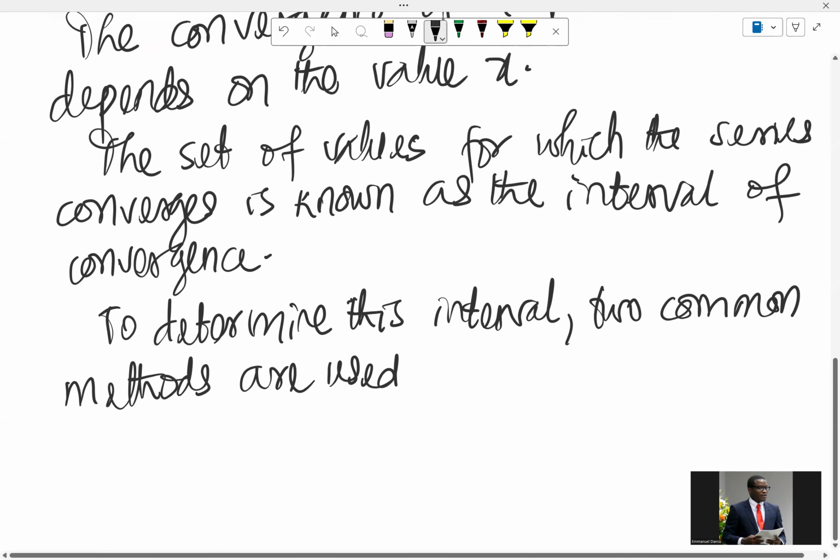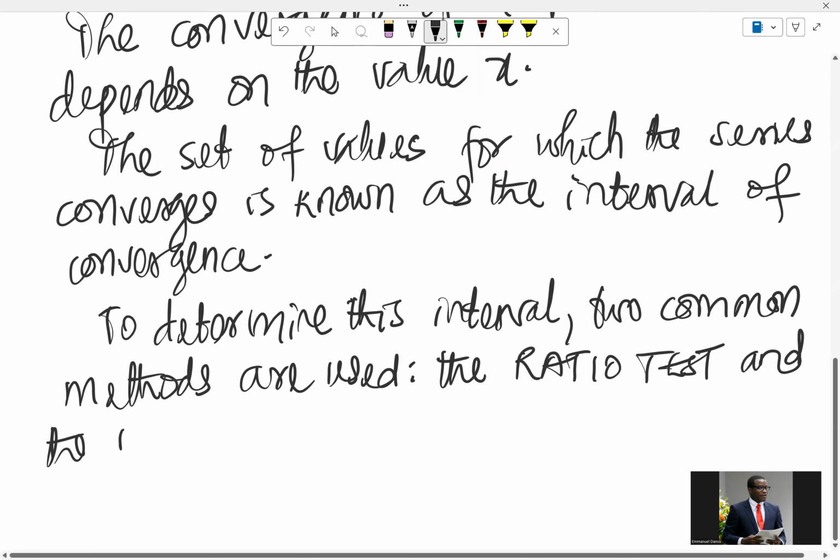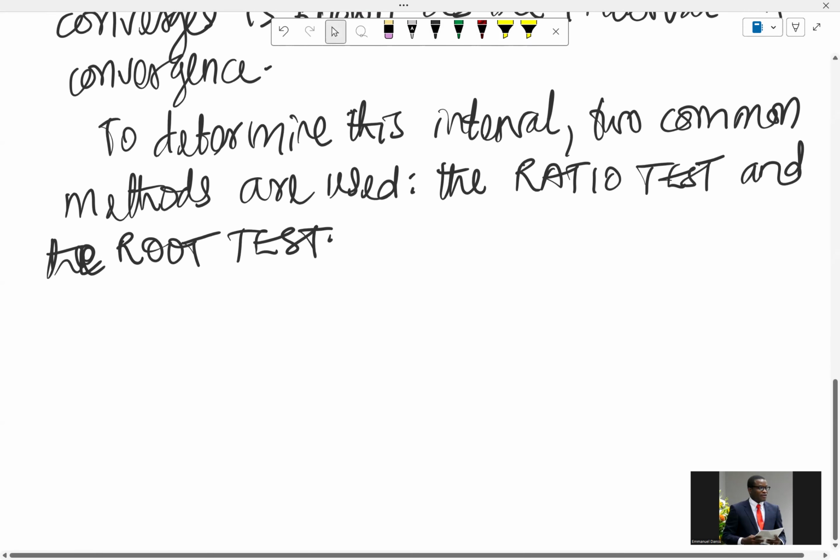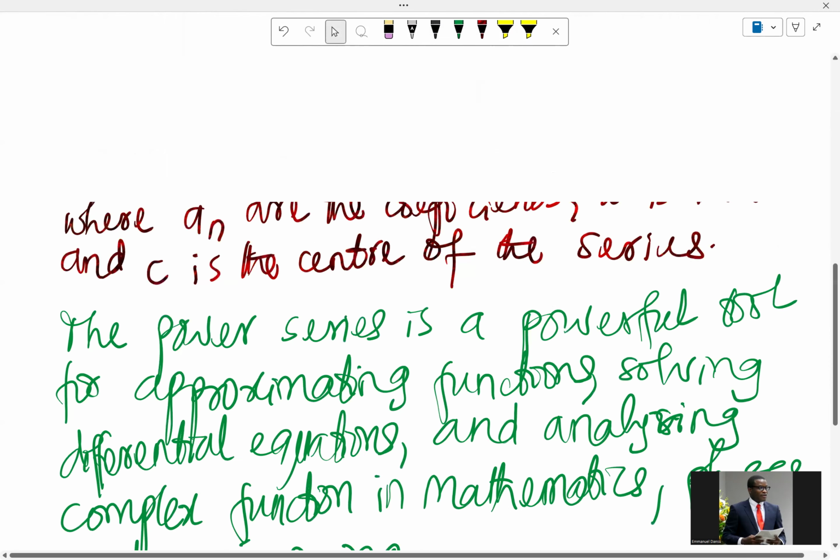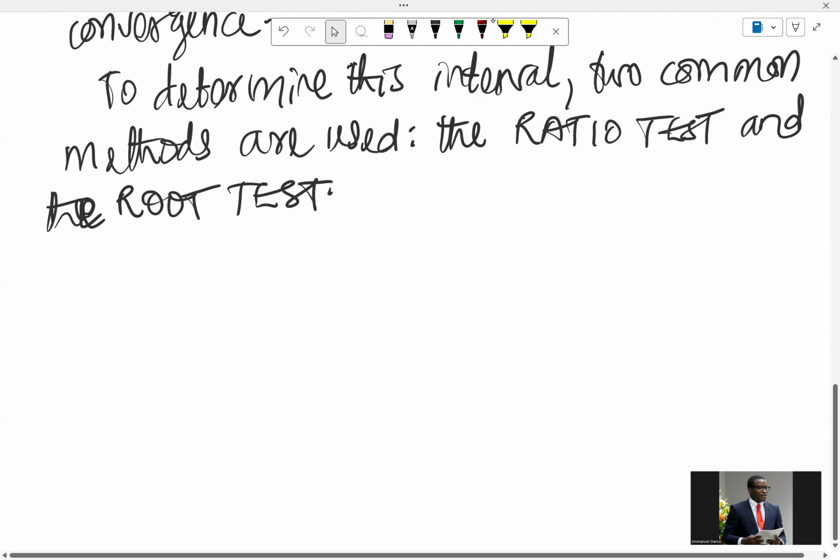So we have the methods as the ratio test and the root test. So these are very important methods that we use. Okay, so let's start out with the ratio test.